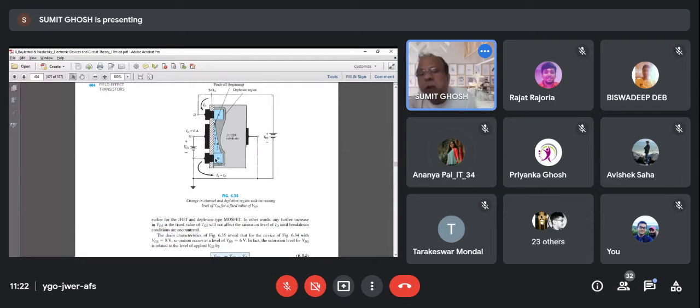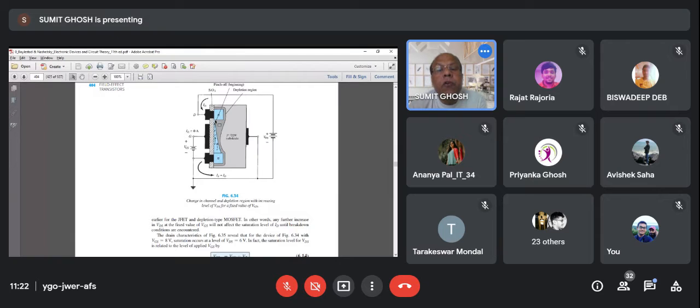So this is not abrupt. It is gradually coming from 2 to 0. The reverse bias is gradually decreasing from maximum here to least here. This is the maximum reverse bias, and this is the resistive channel.